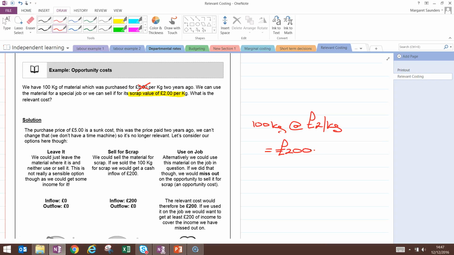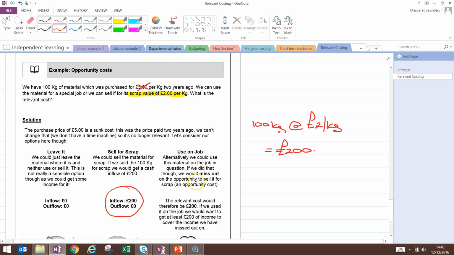Just to confirm that it is in fact an opportunity cost, we've got two options here. We can either sell the material for scrap, in which case we would get £200 for it, or we can use it on the job.